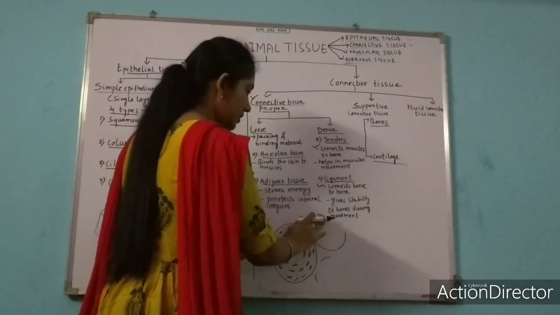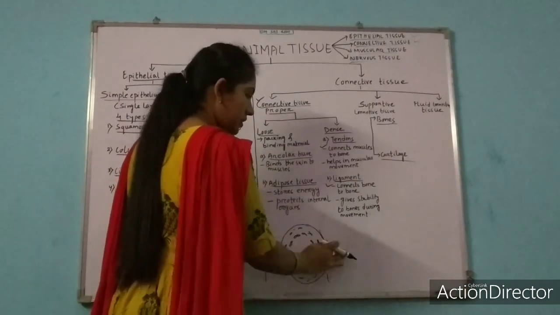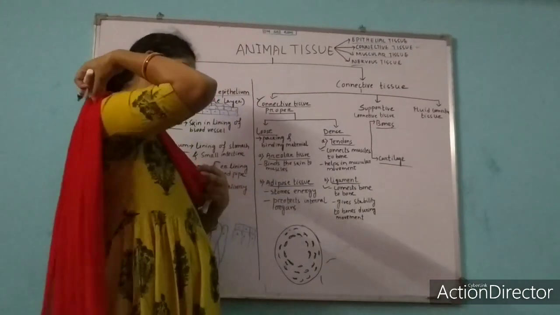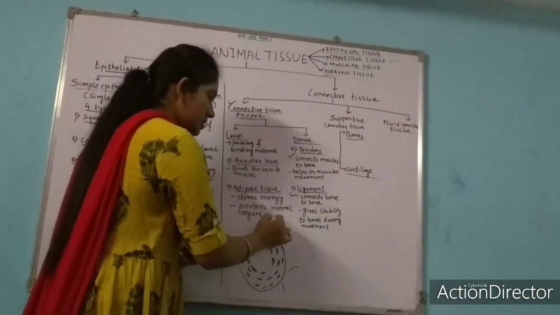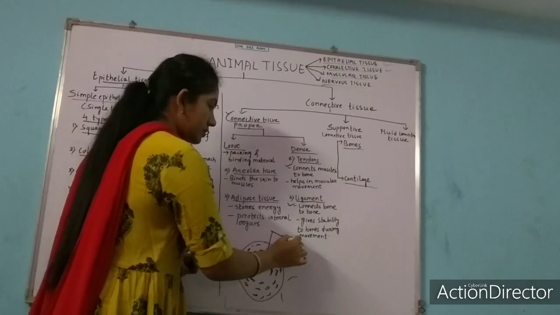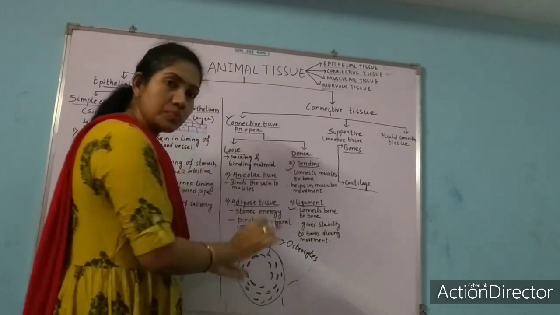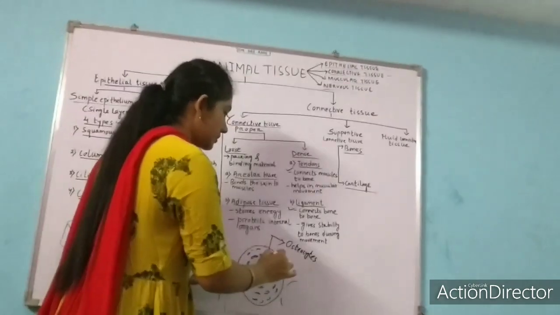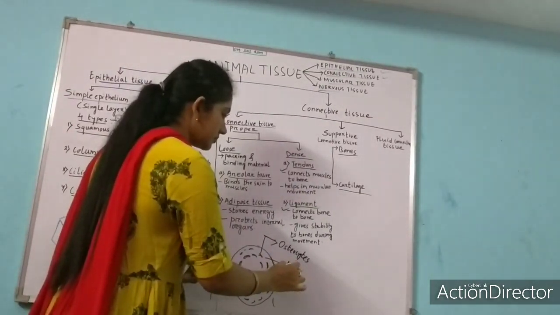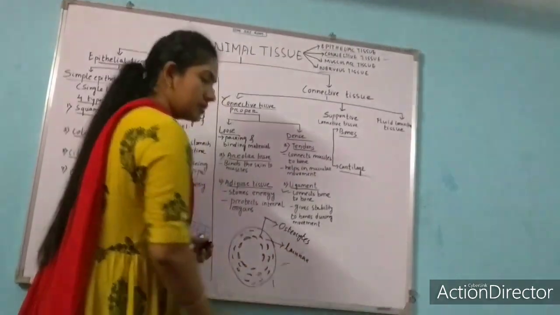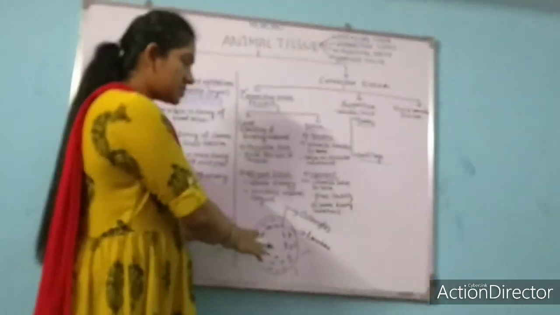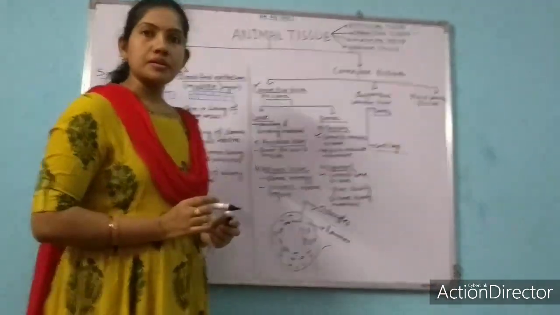Here I am writing. Let's take only one lacunae so that it will be clear to us. This cell is an osteocyte, and the space where the osteocyte is present is the lacunae. They arrange themselves in a concentric manner.